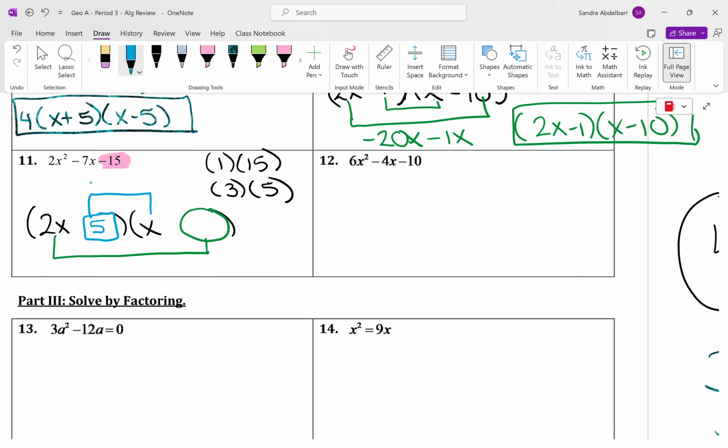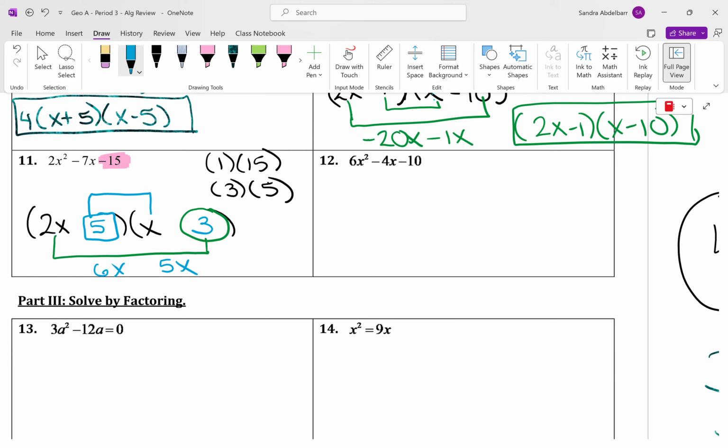That means we have to play with the 3 and the 5. Let's do it wrong. Let's say I put the 5 here and the 3 here. And then I say, okay, well, 2x times 3 is 6x, and 5 times x is 5x. Notice I didn't put any signs in.